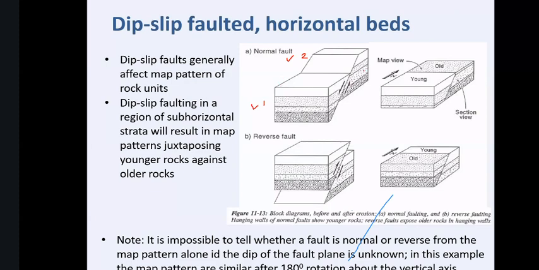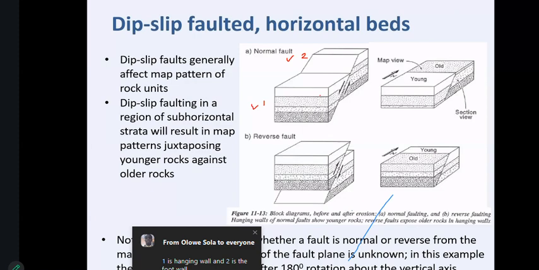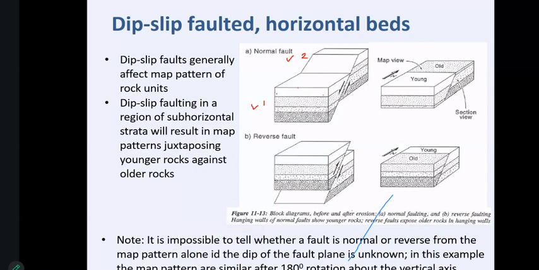Now, what I was trying to tell you on that previous slide is that when you erode this upper portion, you are then left with this. You can see that the younger rock is juxtaposed against the older rock.